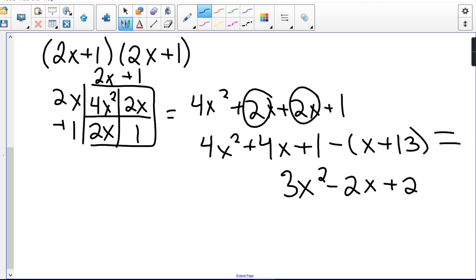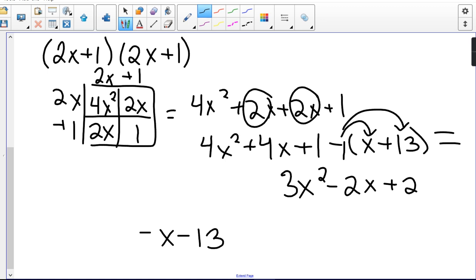The next thing that my students wanted to simplify was to take that minus (x + 13) and distribute the minus, and subtract everything, minus x and minus 13. Some of you like to think of that as distributing a negative 1: negative 1 times x and negative 1 times 13. So when we do that, we're going to get negative x minus 13.